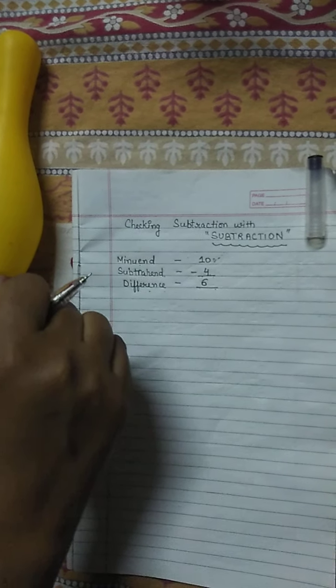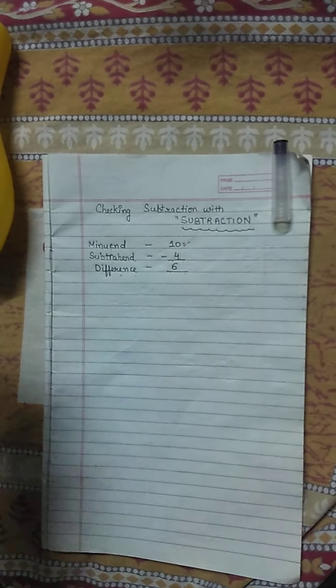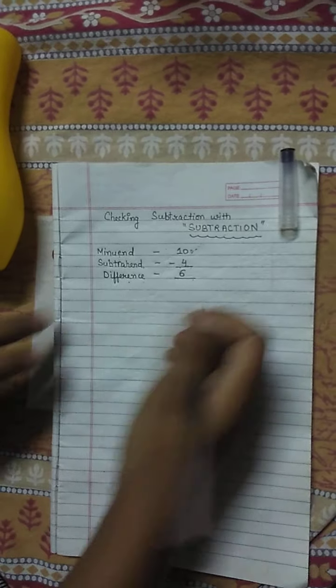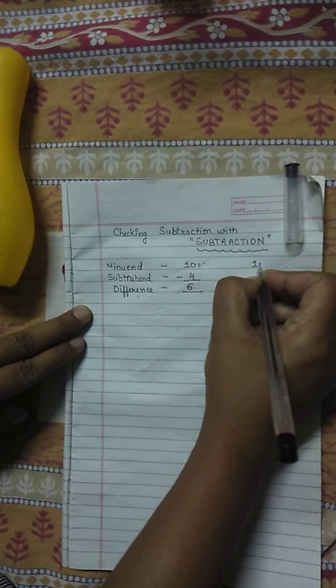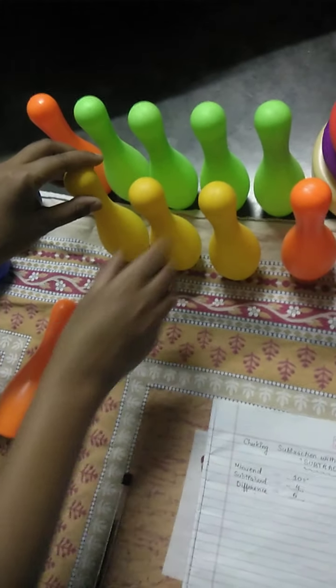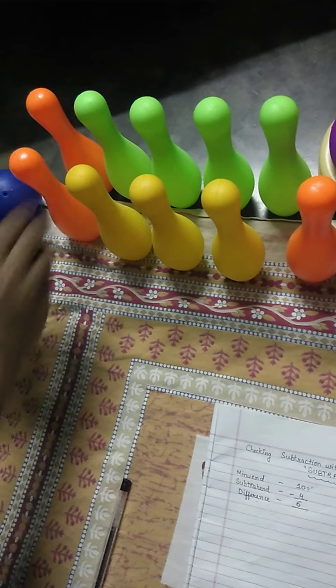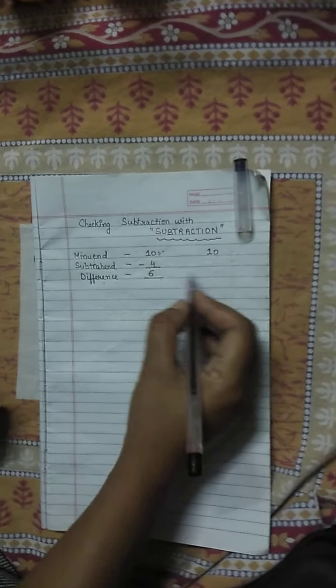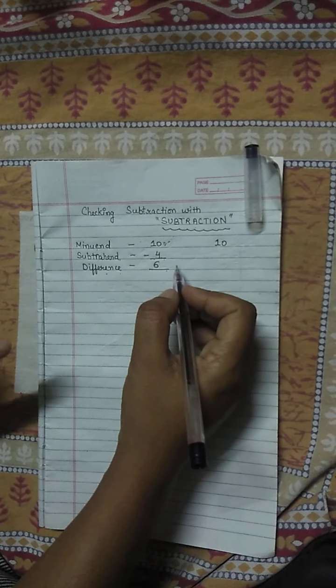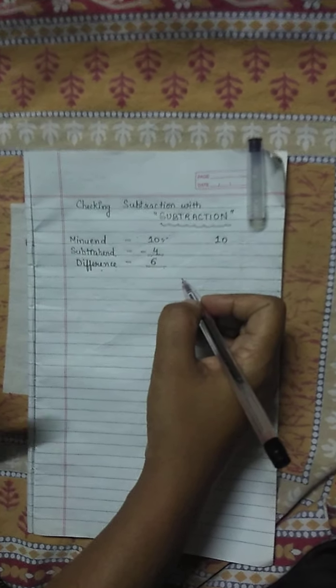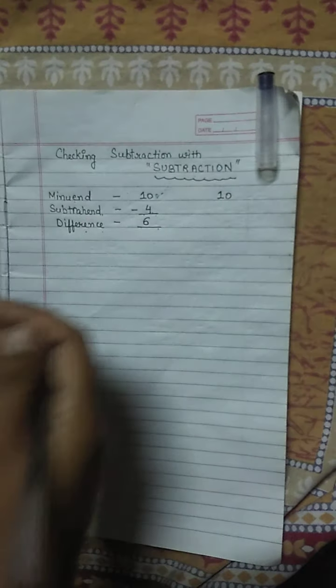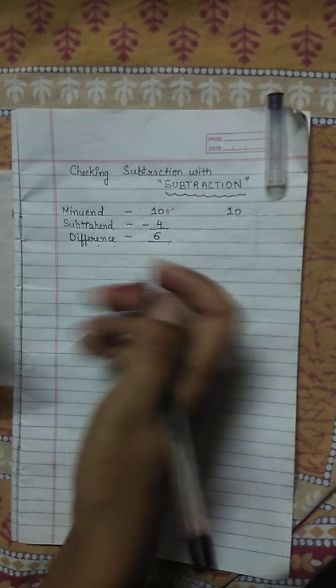Now how are we going to check it with subtraction? Again, I will write the same minuend. I am keeping it in the same place. Now this time when we check it with subtraction, we will exchange, we will swap the places.